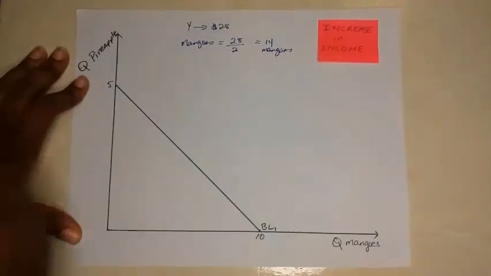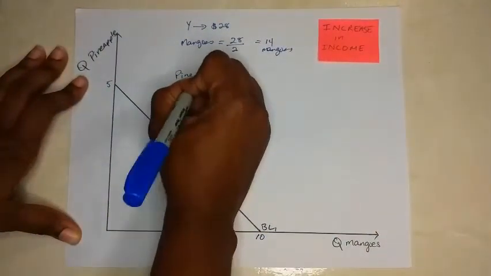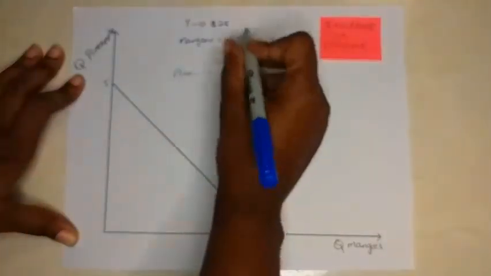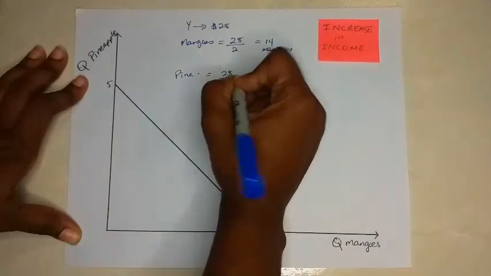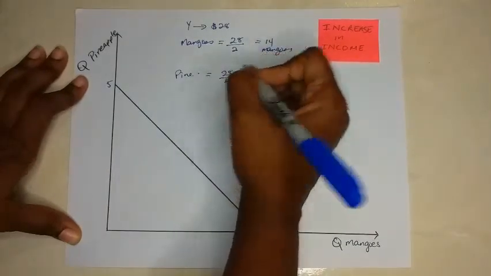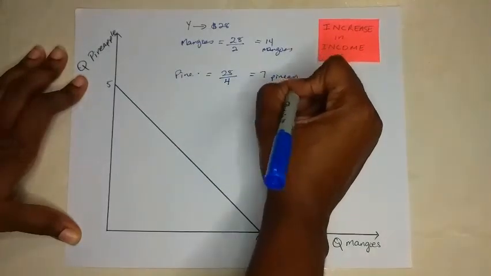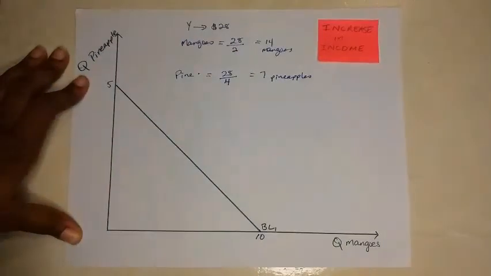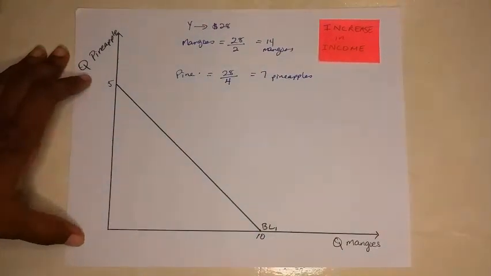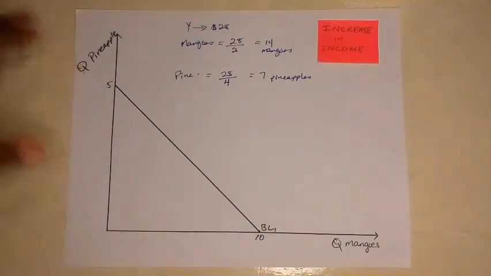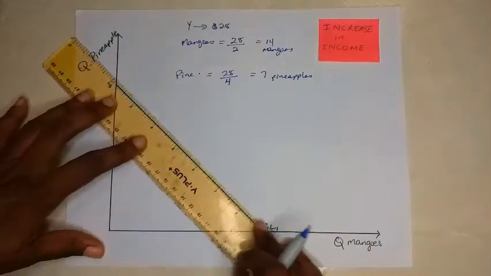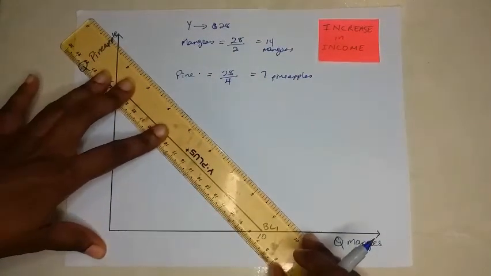And in the case of pineapple, we're seeing new income of $28 divided by the price of pineapple, which is $4. We're going to get 7 pineapples. So notice we can get more of both goods, more pineapples and more mangoes. And how this is illustrated on a budget line is you would have a shift of the budget line to the right.